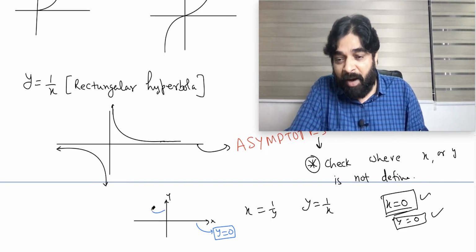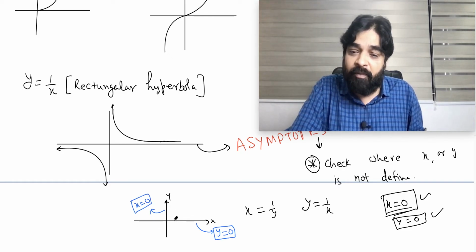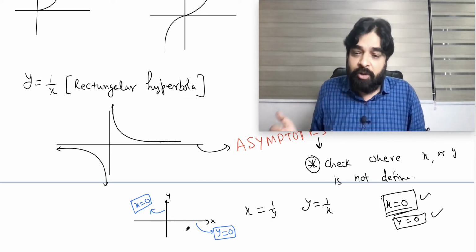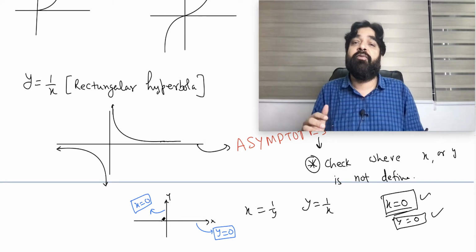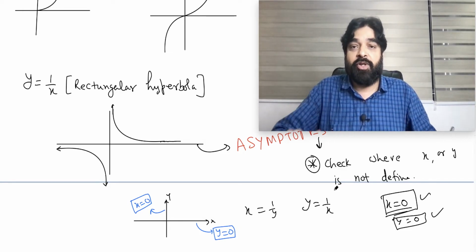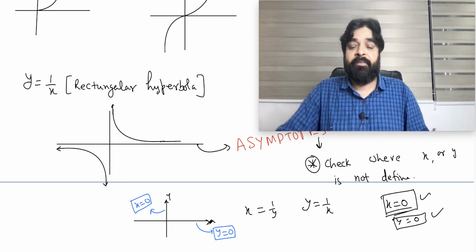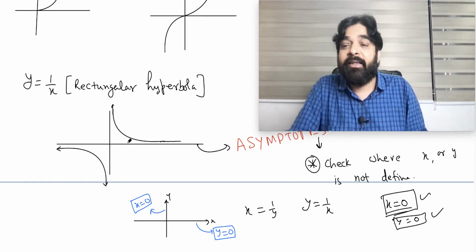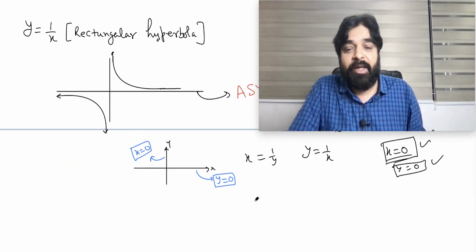And the equation of the y-axis is x equals 0, because on the y-axis x is always 0, and on the x-axis y is always 0. That is why the two asymptotes are x equals 0 and y equals 0.